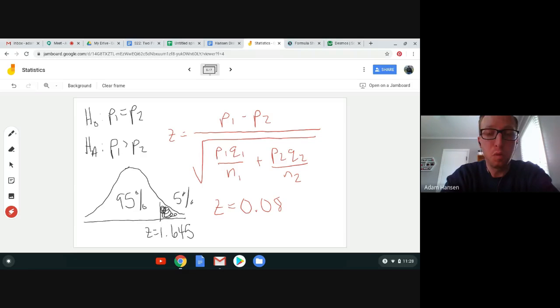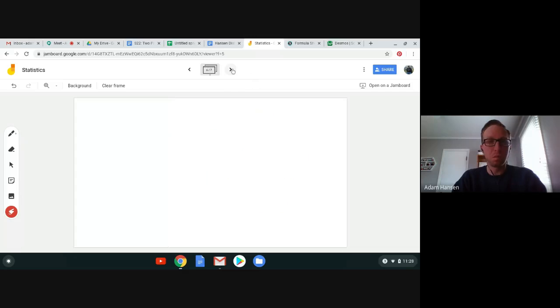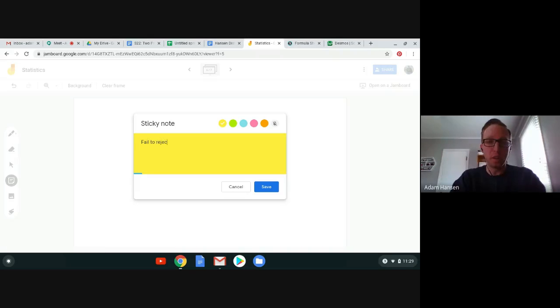If we reject, do we have a z-score that's more extreme than 1.645? I think we'd have to fail to reject the null hypothesis. We lack evidence to suggest that overall Steph Curry is a better free throw shooter than Chris Paul.